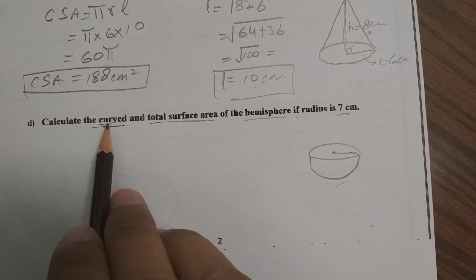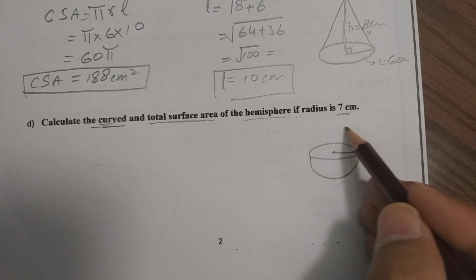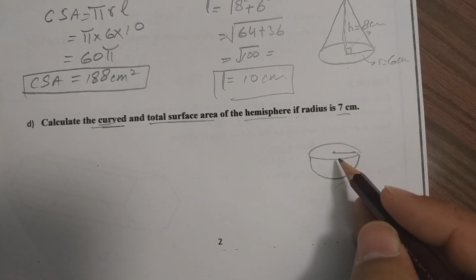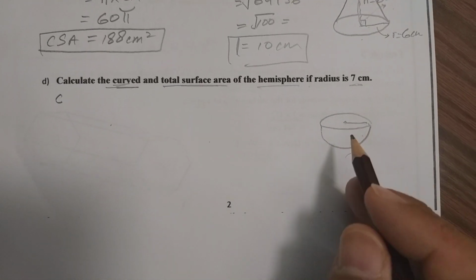So what is the curved part of it? We know the surface area of a sphere is 4 pi r square, so hemi means the half of it.